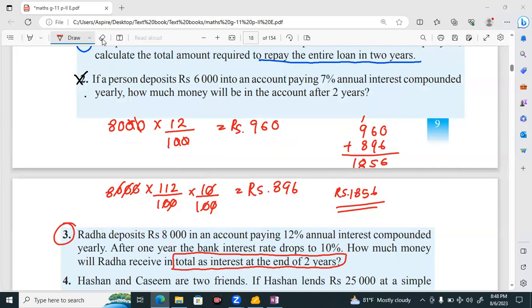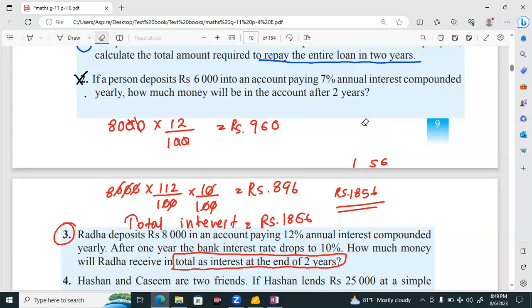You can calculate this in this way. Or someone can calculate this way: total interest is equal to 1,856. Okay, someone can calculate like this. Now you have done it that way. You can multiply 8,000 times 112 times 110.